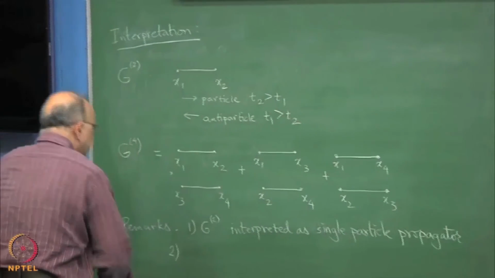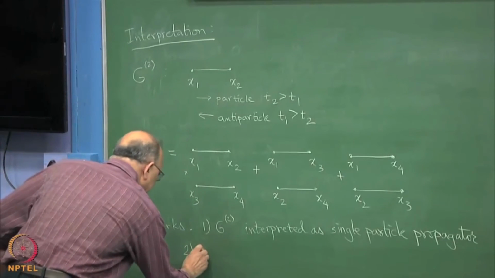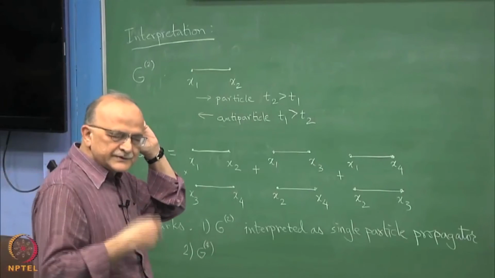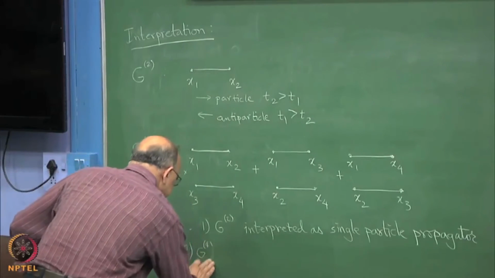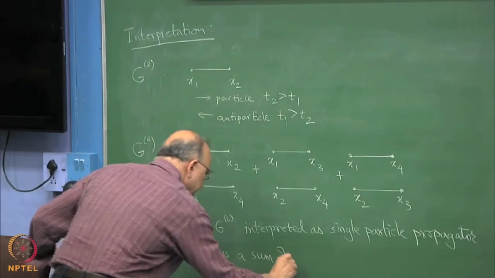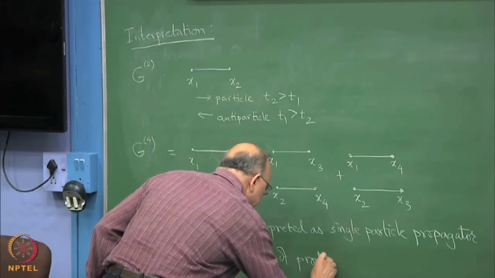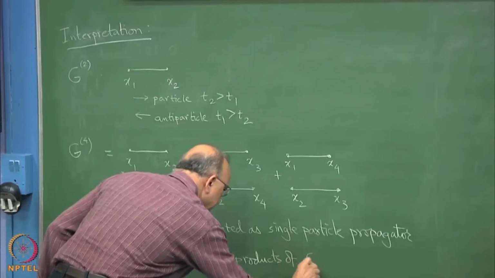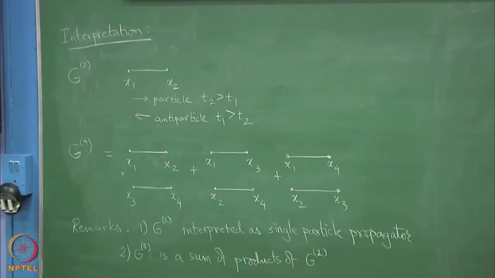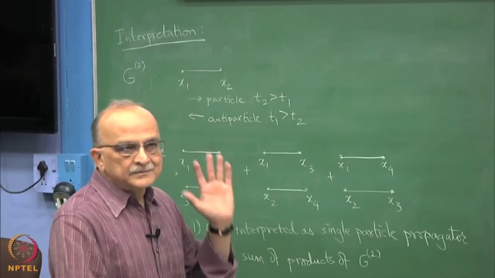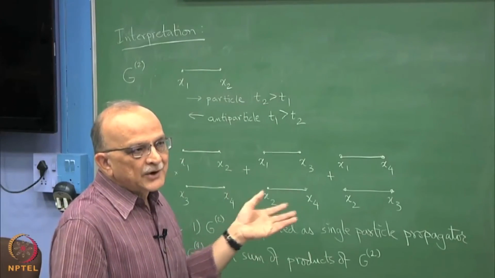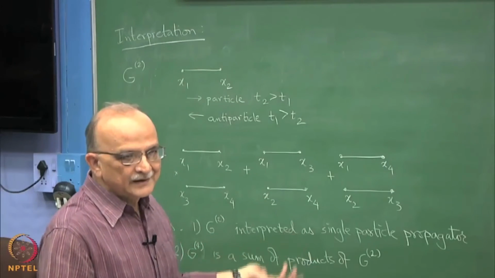But the more interesting remark is that G4 is simply a linear combination of products of G2. In fact, in a free theory it is somewhat boring. Even if you do G6, you will only get products of 2-point functions because there is nothing else that can happen.